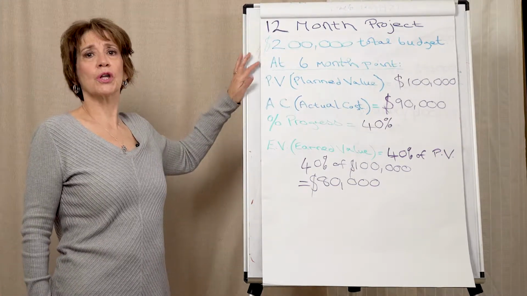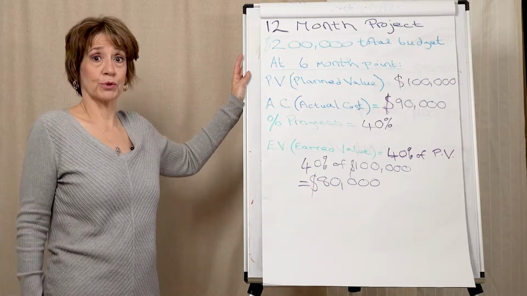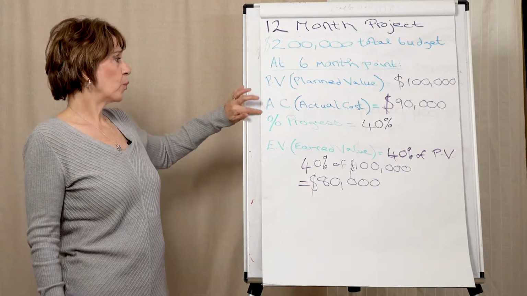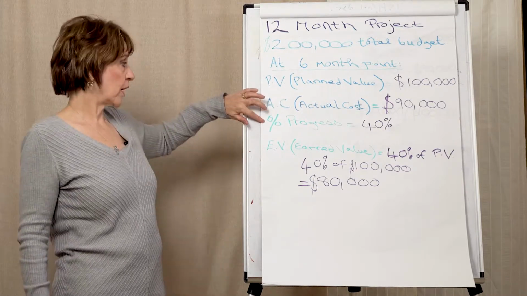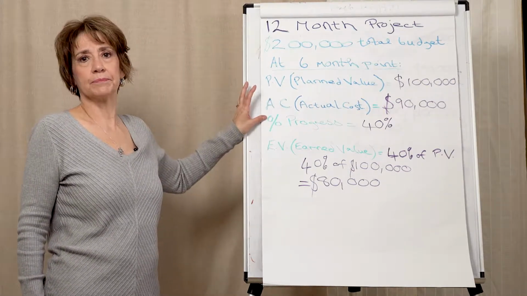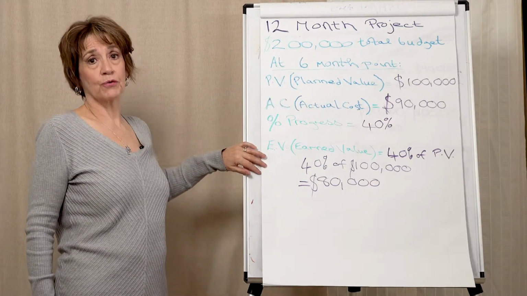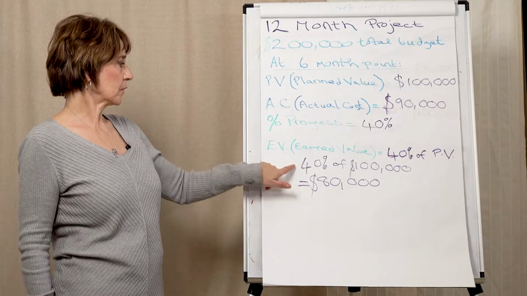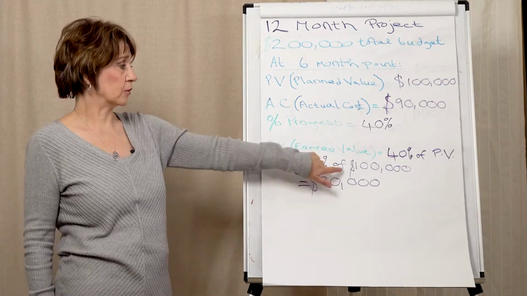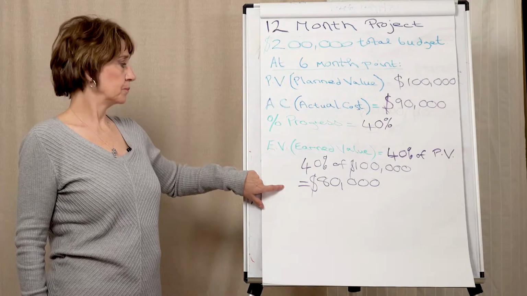Now if you just look at those two figures, you think, oh, we're underspending, that's good for the project. But then when you look at your earned value or your percent progress, it's only 40%. So your earned value is 40% of your planned value. So that is 40% of 100,000. That gives you 80,000.